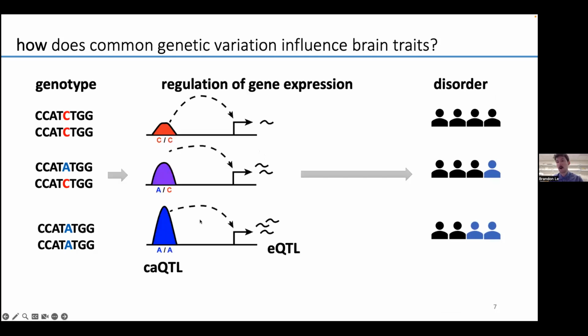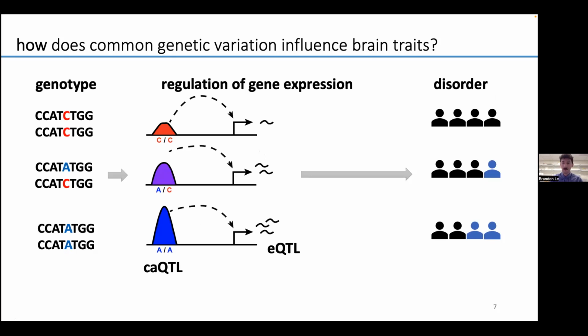Well, one thing that people have tried to do is to look at these intermediate things that could be leading to disorder risk. If these variants are in non-coding regions of the genome, they're not necessarily affecting the composition of proteins, so what might they be doing?